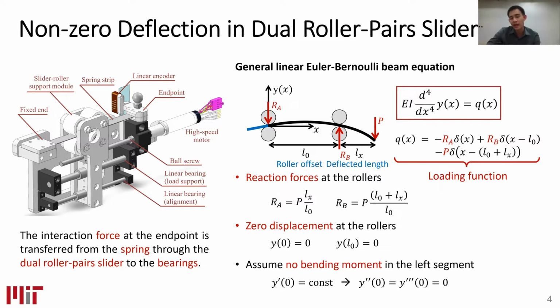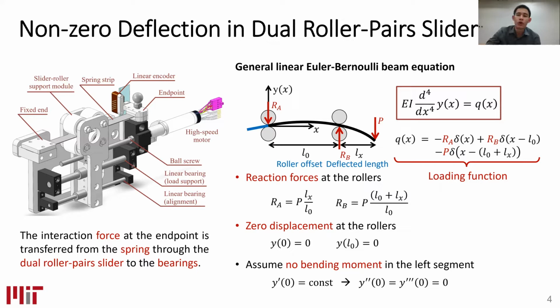The dual roller pair slider constrains the vertical displacement at the rollers' positions, so the displacement y at x equal to 0 is 0, and the displacement at x equal to L0 on the right pair of rollers is also 0.